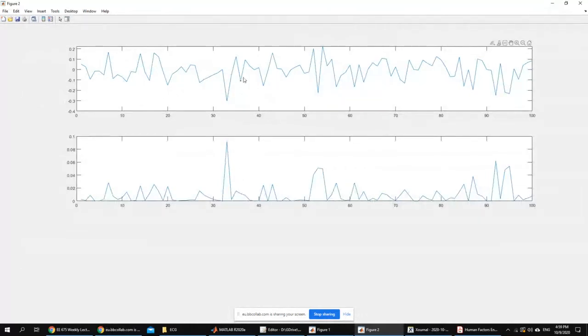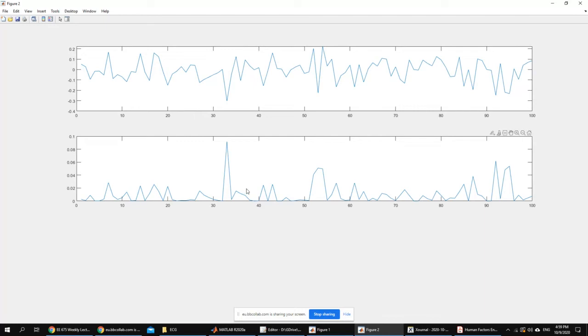What is the difference between these two, in your opinion? They look different, right? What is the main difference between this one and that one? It's positive. Yes, here you have positive and negative.